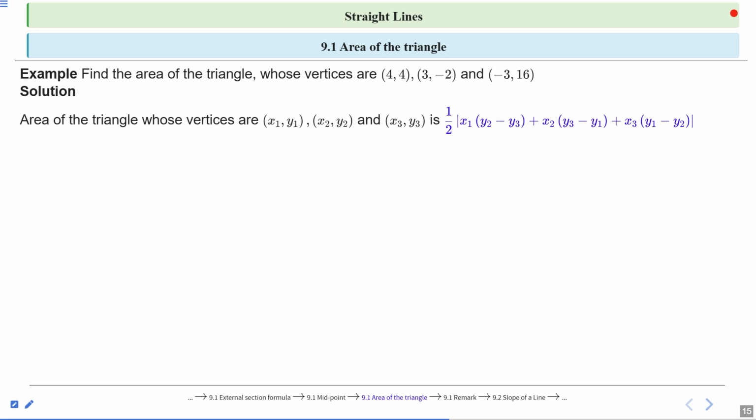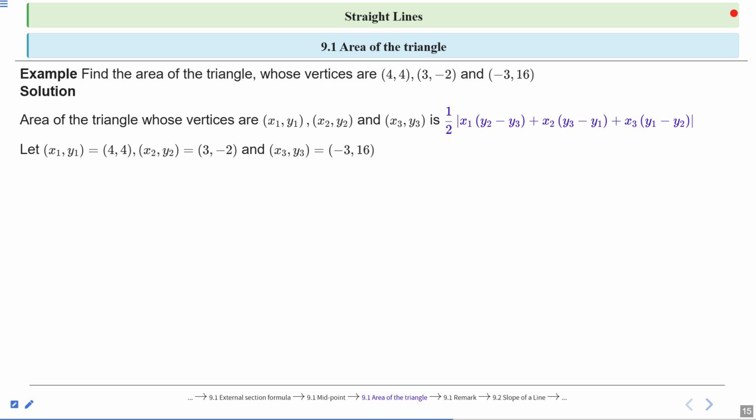This is a very important formula for finding the area of a triangle whose vertices are given.